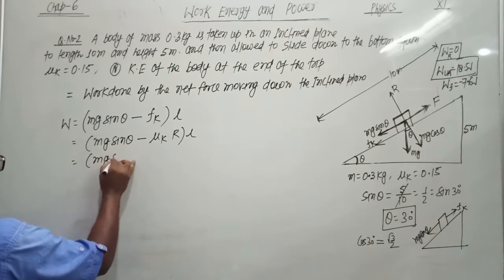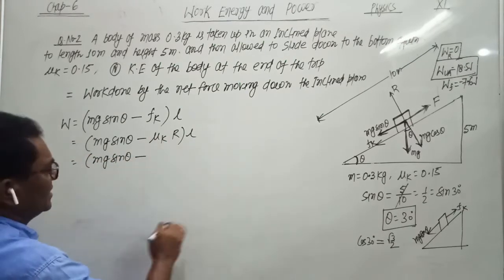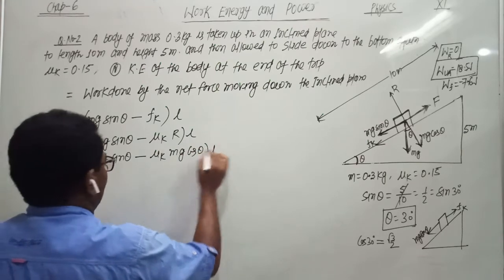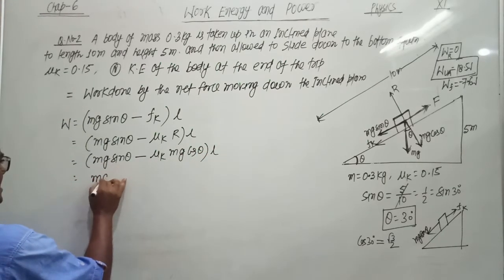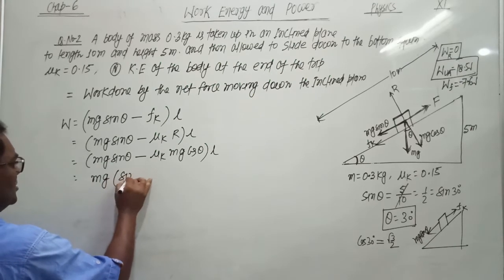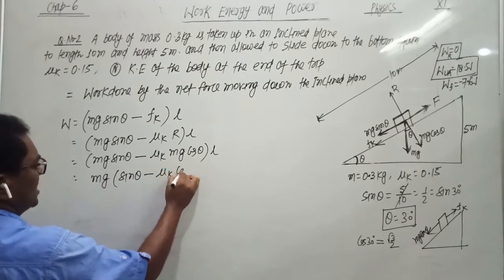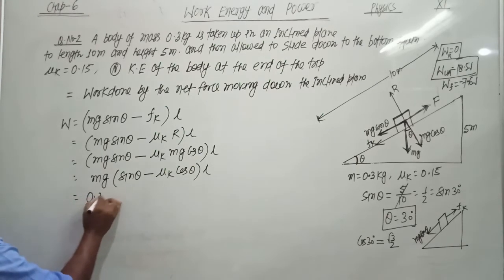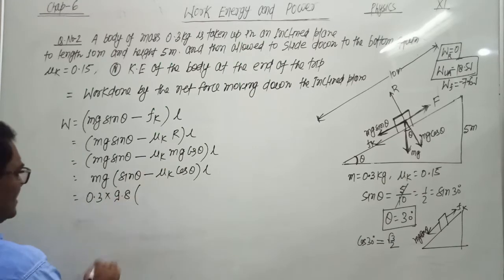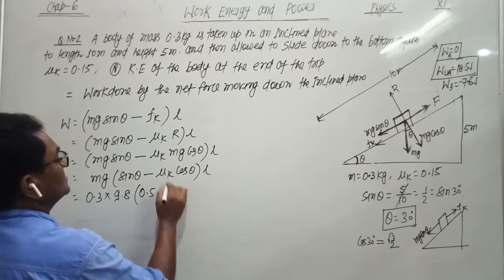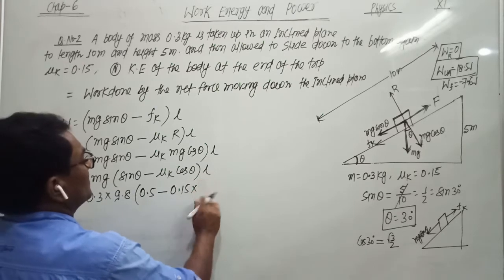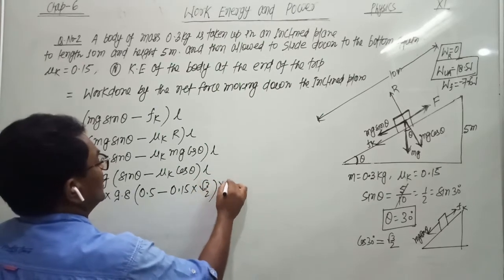So mg sin theta minus mu k, and R is written as mg cos theta, into L. From these two terms we can take mg common, so mg into sin theta minus mu k cos theta, into L. Now put the values: mass is 0.3, g is 9.8, sin 30 is 0.5, minus mu k 0.15, cos 30 degree root 3 by 2, and L is 10.